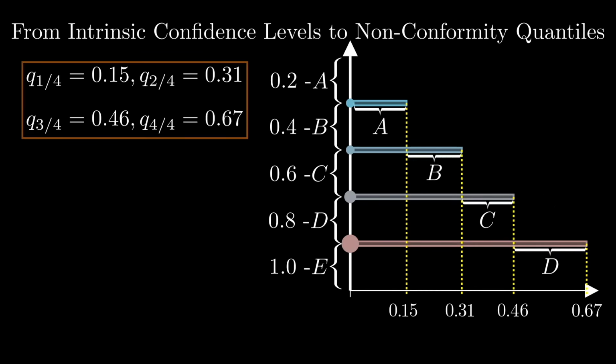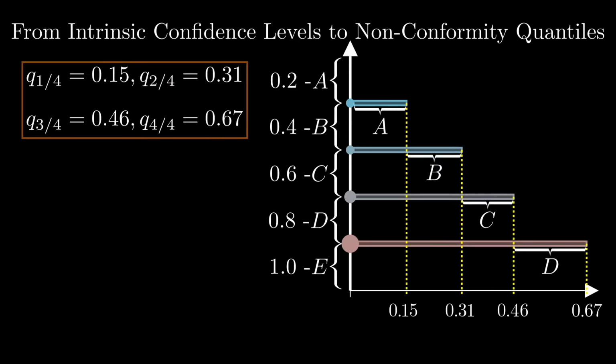In our example, we have 4 quantiles. Let's denote them by q sub 1/4, 2/4, 3/4, and 4/4. There are different notations for quantiles, so it's worth discussing the meaning of the notation I have chosen here.